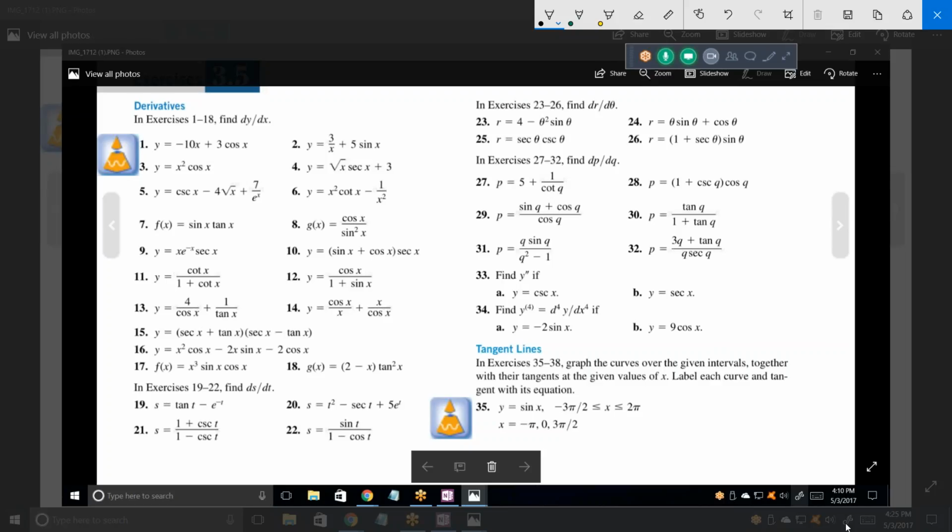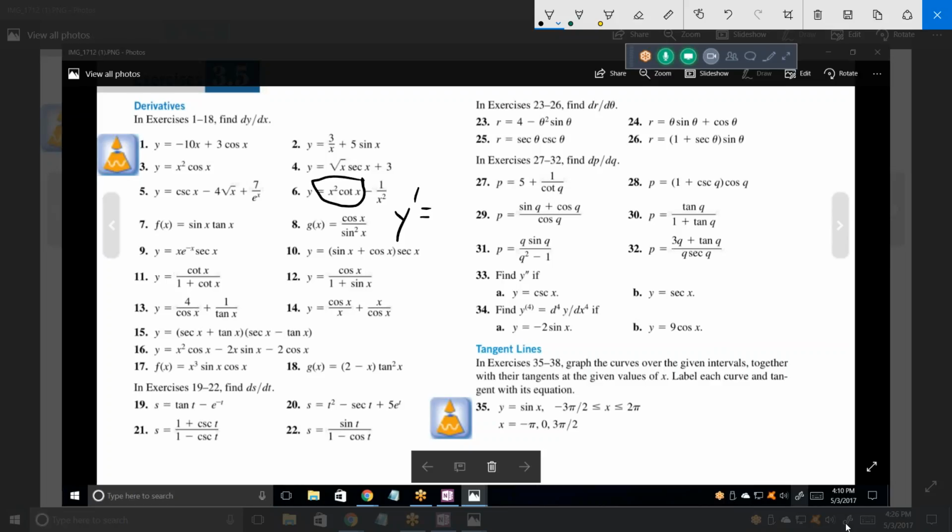Okay, so the next one. Let's start with that part right there. Use the product rule on it. So u prime v. Hold on. It's u v prime. Always do it the same way. Okay, u v prime and then u prime v. Right.